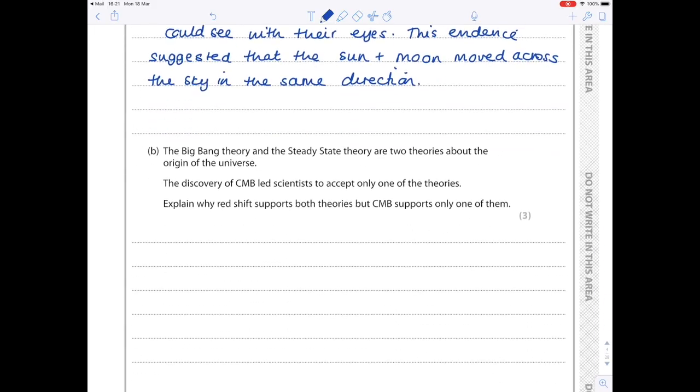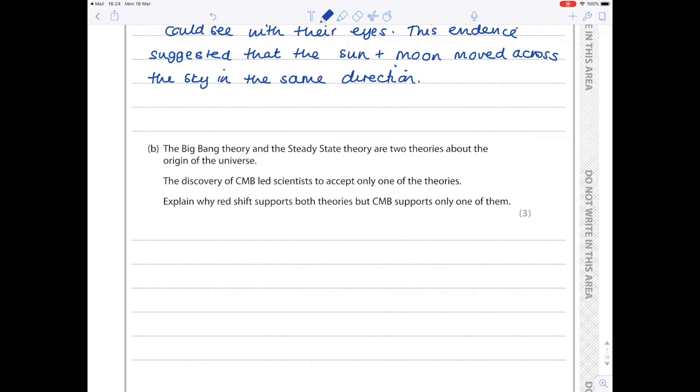B. The Big Bang Theory and the Steady State Theory are two theories about the origin of the universe. The discovery of CMB led scientists to accept only one of these theories. Explain why redshift supports both of these theories, but that CMB supports only one of them. So we need to make some very basic comments, first of all, about what these two theories state and what they have in common.